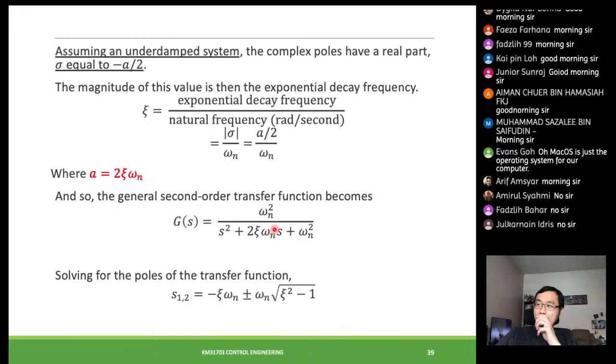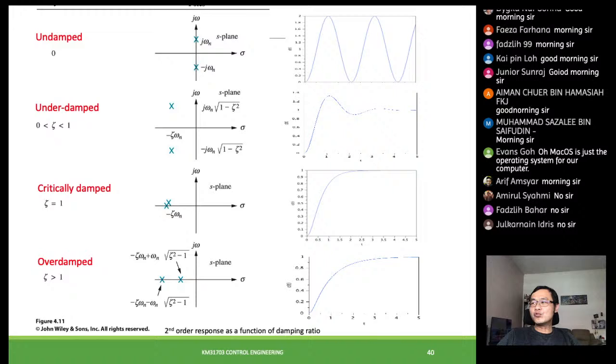When the damping ratio equals 0, it means no damping, so our poles will lie on the imaginary axis and we get an undamped response. When the system has a damping ratio between 0 and 1, it is still underdamped, and you will have a complex solution, a complex value with a real part.